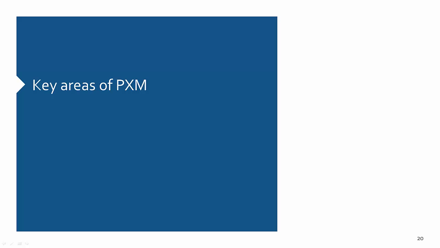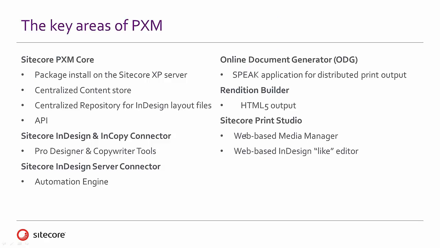So let's go a little further into the key areas of PXM. First off, we have the Sitecore PXM Core. Regardless of your PXM installation, you will need to have the core installed, and this is a package install that goes on your Sitecore server. And it enables a number of things. First and foremost, it enables the API.